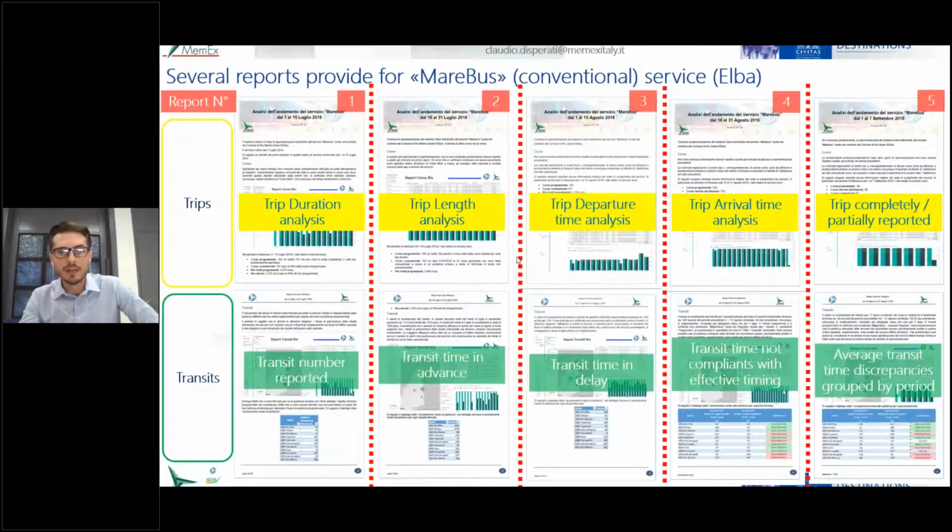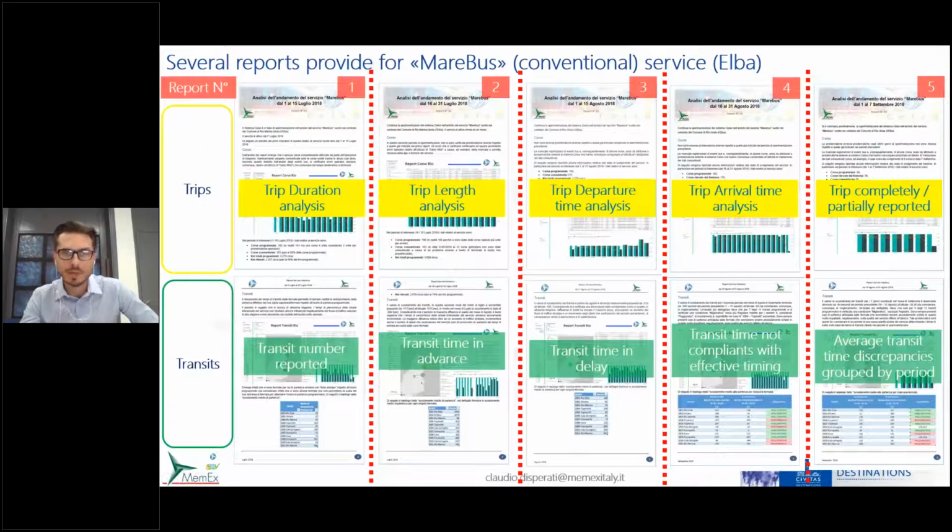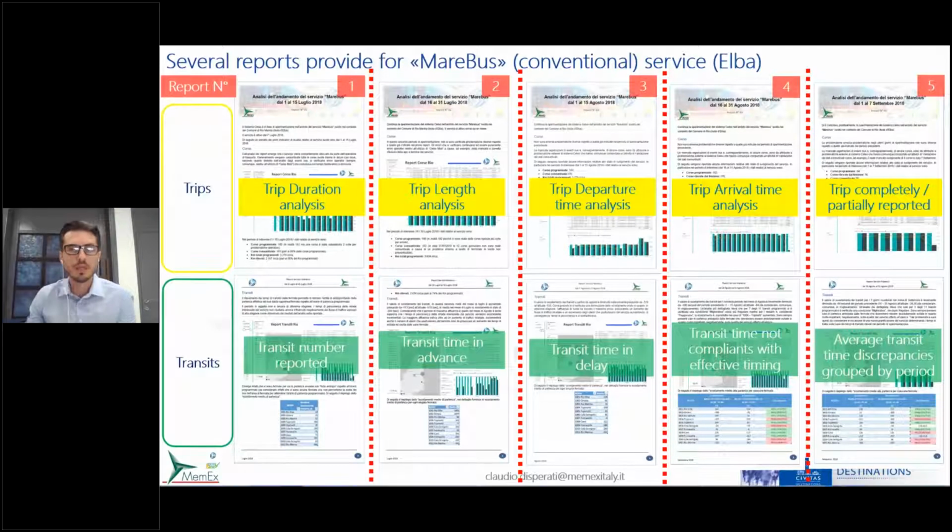In fact, we have provided several data about the trips and about the transit, as an example, the trip duration, the length, the departure and arrival time, and information about the trip completely or partially reported. From the transit point of view, also in this case, we have provided different and several pieces of information about the transit time in delay, in advance, the difference between the reported one and the effective timing, and other information.